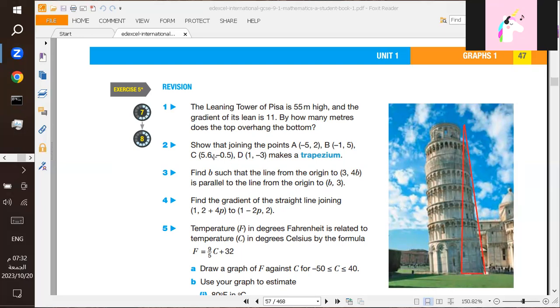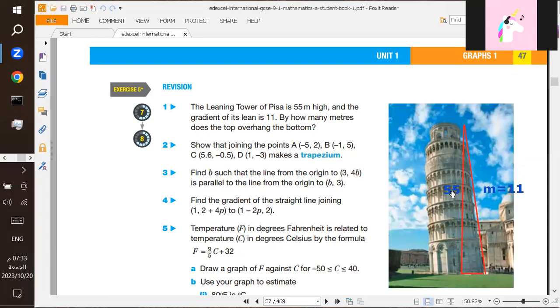We know the gradient. The gradient is 11. So this one will be 11. M equals 11. And we know the rise. The rise is 55, which is the height. We need to know what's the run.